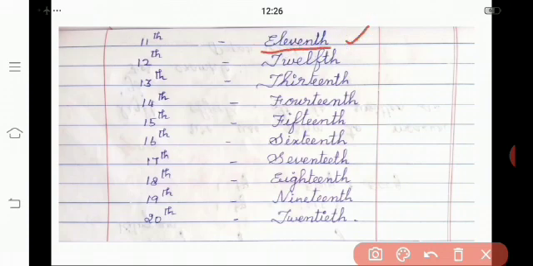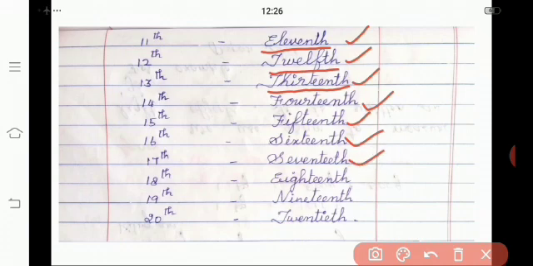Eleventh, 11th. Twelfth, 12th. Thirteenth, 13th. Fourteenth, 14th. Fifteenth, 15th. Sixteenth, 16th.